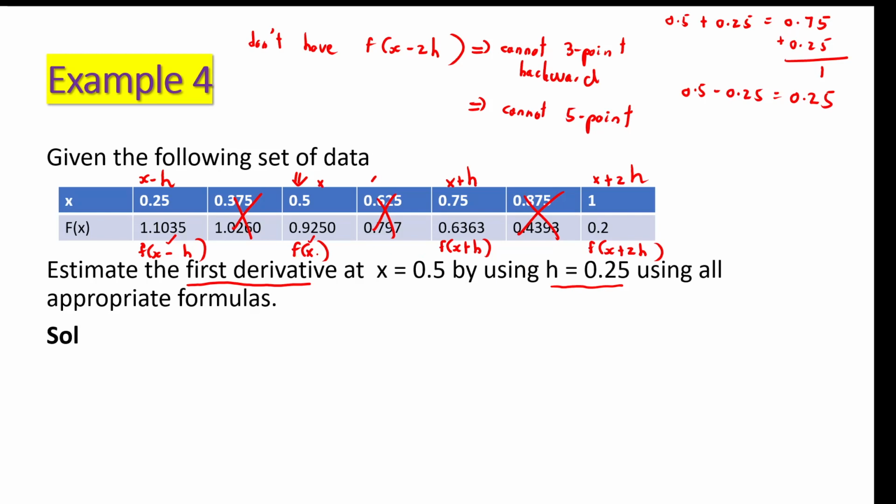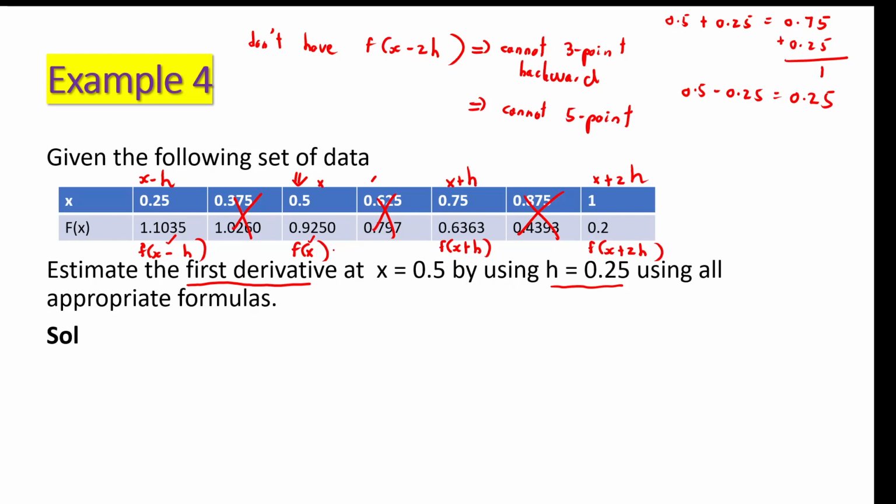Then you can use f(x+h), so you can use 2-point forward. With f(x) and f(x-h), you can use 2-point backward. If you use f(x+h) and f(x-h), this is 3-point central.